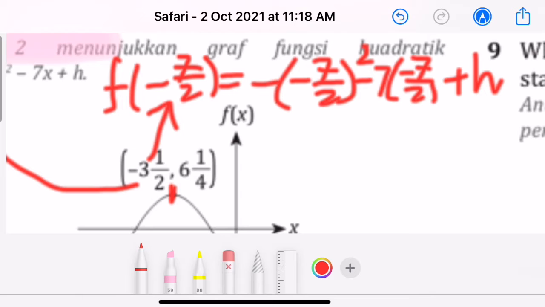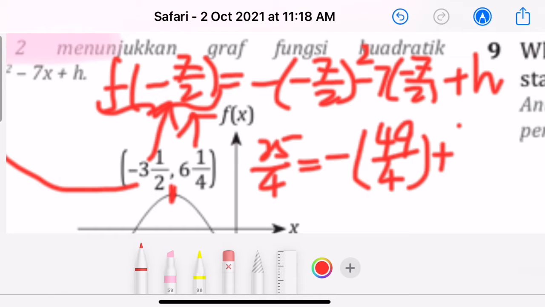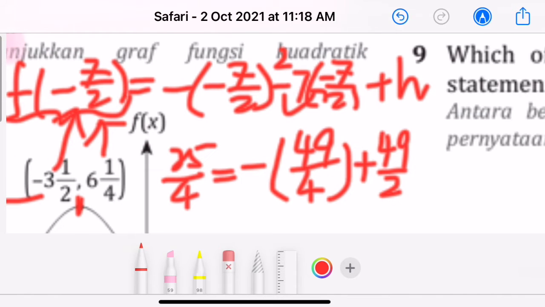And then this is the y value, 25/4. So 25/4 = 49/4, let's square it, then here will be plus 49/2, negative and negative, be careful, 7 times 7 is 49, plus h.